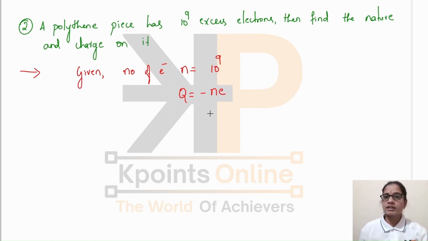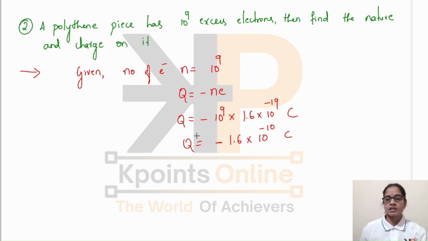So let's find here the charge. Q is equal to minus 10 raised to 9 into magnitude of charge on the electron, it is equal to 1.6 into 10 raised to minus 19 coulomb. So Q is equal to minus 1.6 into 10 raised to minus 10 coulomb. This is the charge on the polythene piece.